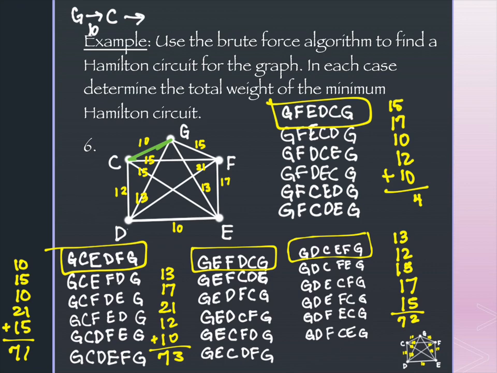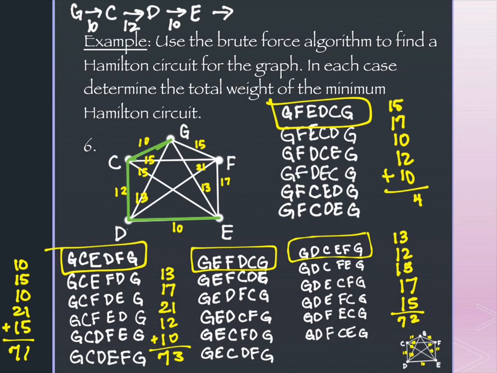Okay, after C, where am I going to go? C to D. That's down. That's 12. Okay, after D, where am I going? E. D to E is 10.